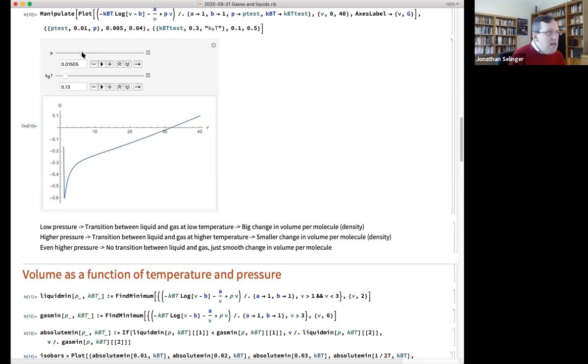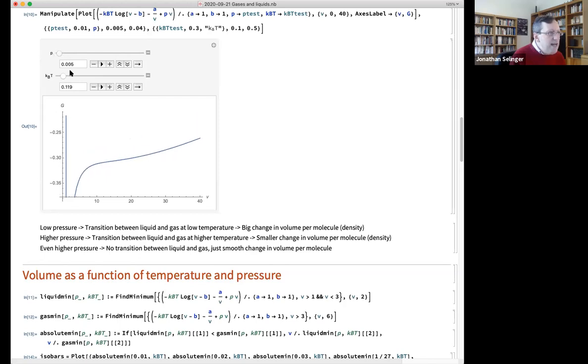whoops, what do we do? If you're at a low temperature and you start off at low pressure in the gas phase, and then you raise the pressure and the gas suddenly condenses into a liquid, right?